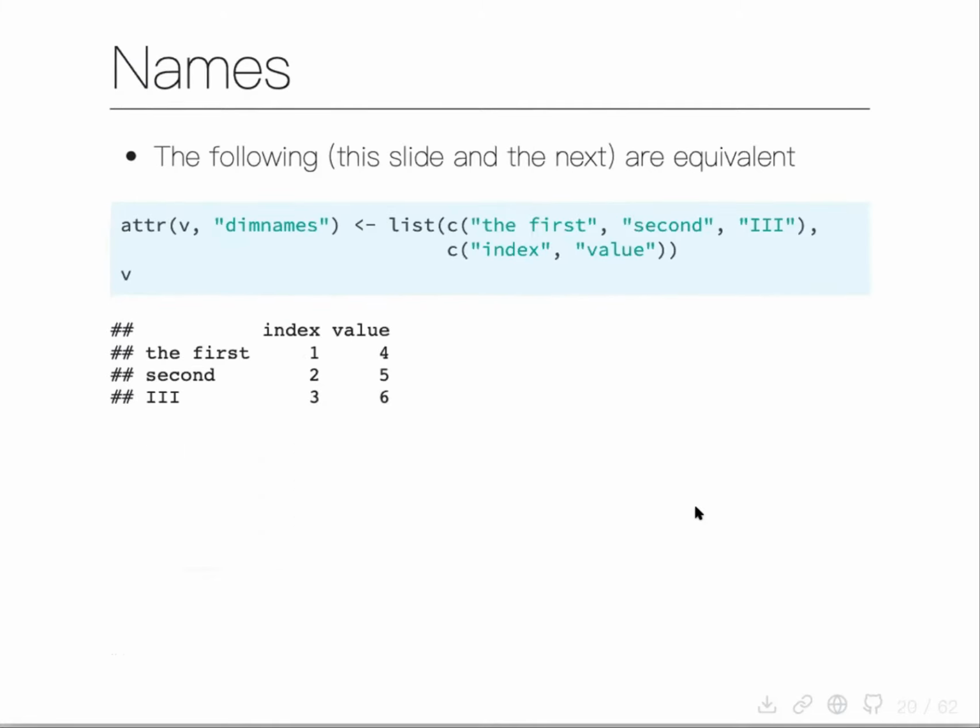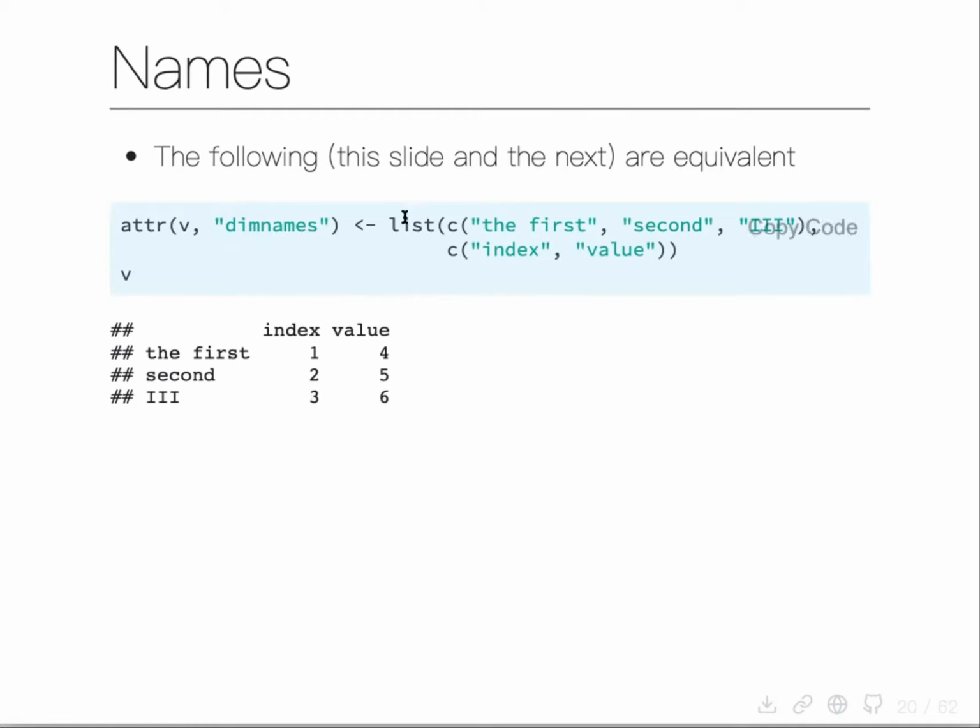Names. Okay, so this slide and the next are equivalent in terms of this, but we have dim, right, previously, just dim. That's the actual dimensions of the object. Dimnames is going to give us row names and column names, okay?